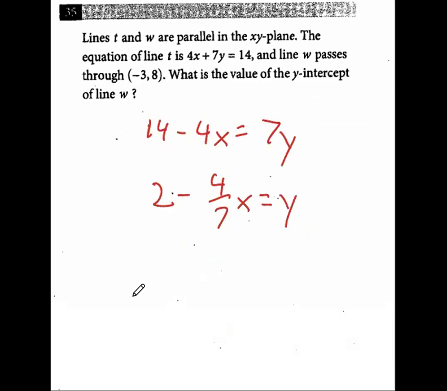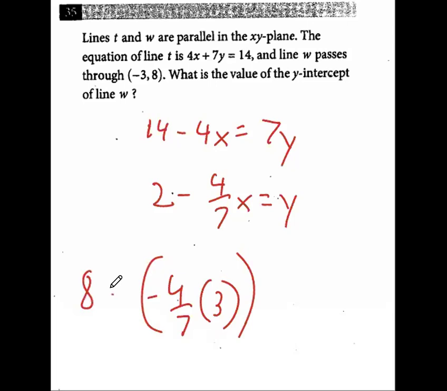So to find the y-intercept, this would have to become 0. So this would be plus 3. So it'd be negative 4 over 7 times 3. Hold on, first it would just be 8 plus negative 4 over 7 times 3, because this is negative 3, and we're going plus 3, so you'd have to add this.